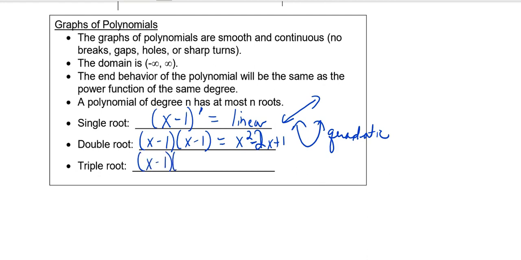Let's do it one more time. x minus 1 times x minus 1 times x minus 1. And basically all I want to know is what's going to go on with my parent function at this time. It's going to be cubic. That's what our cubic function looks like. Alright.